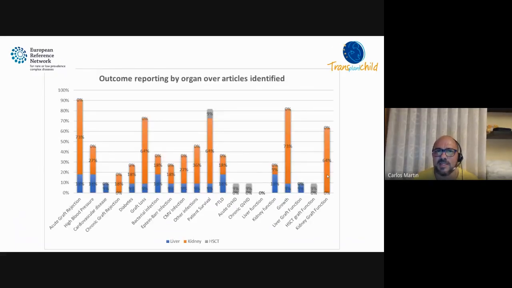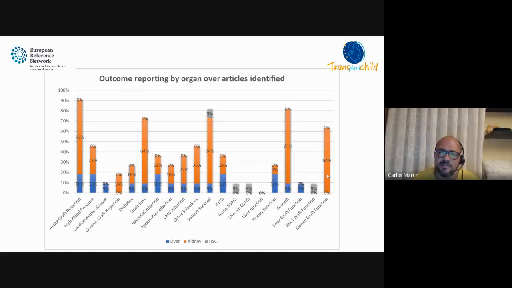If we split these outcomes reported by organ, we can see that obviously, because kidney is the most represented organ in this list of randomized controlled trials, they have much more representation within each of the outcomes.